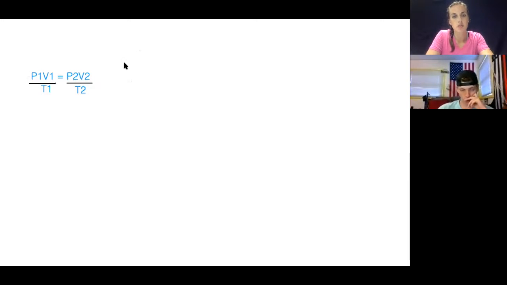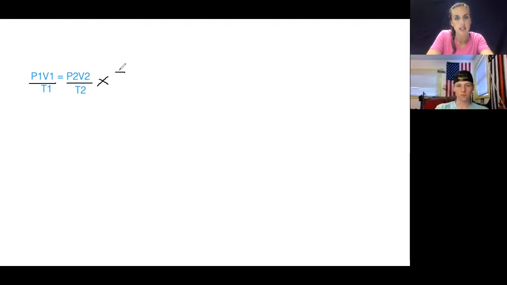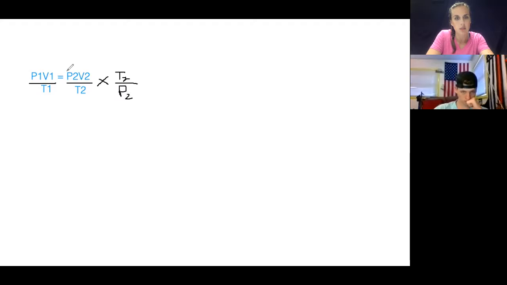So what I'm going to do first is change this up so that it's equal to V2. I'm going to multiply this whole side by T2 divided by P2, because when I do that, P2 will cancel and T2 will cancel, which means I have to do the same thing to this side.